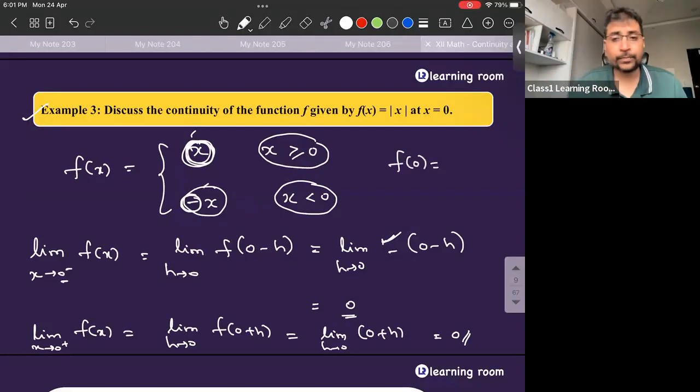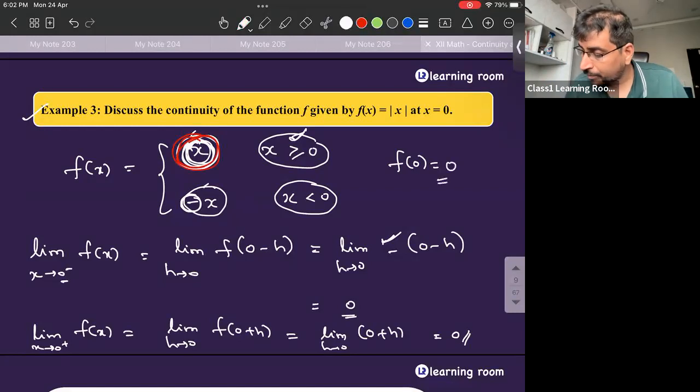What is f of 0? So here, when I have this equal to symbol, f of 0 is going to be again this function. I'm marking with red. So f of 0 is again going to be a 0. So what is happening in this scenario? The left limit is equal to the right limit is equal to the function value. Hence, mod x is continuous at x is equal to 0.